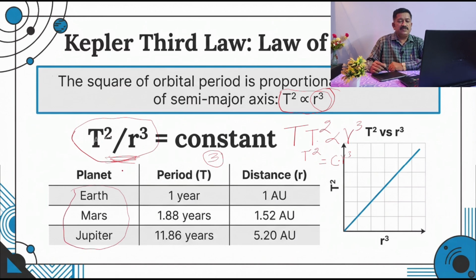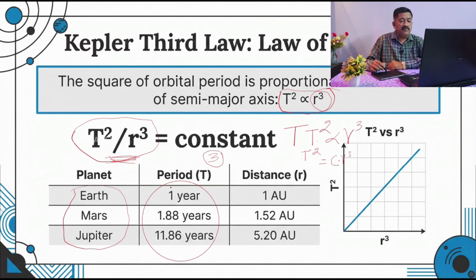See here, for example, some planets are compared: Earth, Mars and Jupiter. When we consider the planets in the solar system, the planets which are before the Earth are called short distance planets, and after Earth they are called long distance planets.